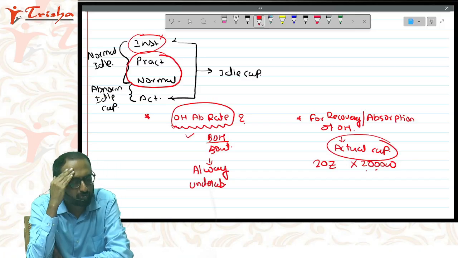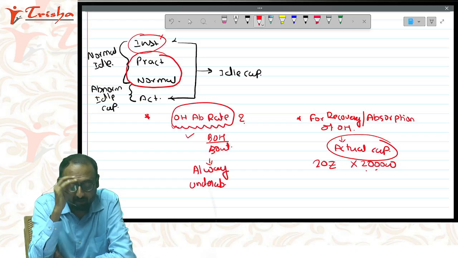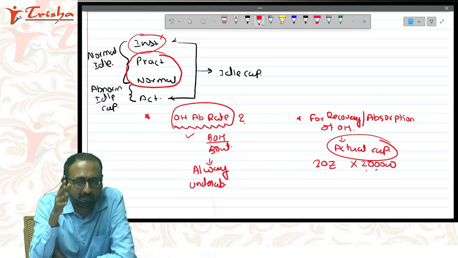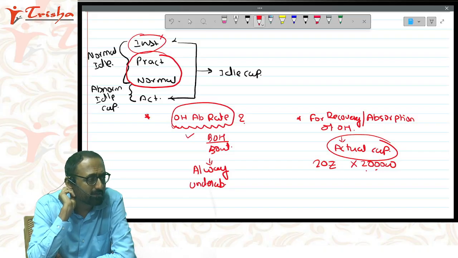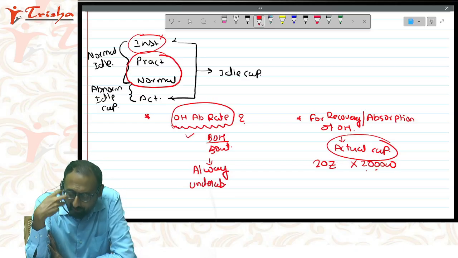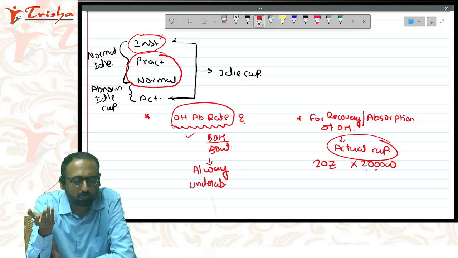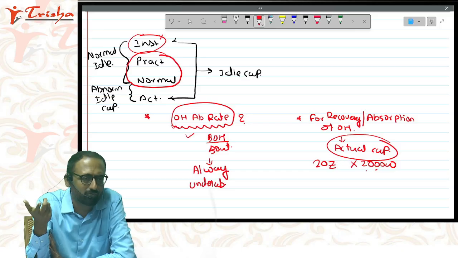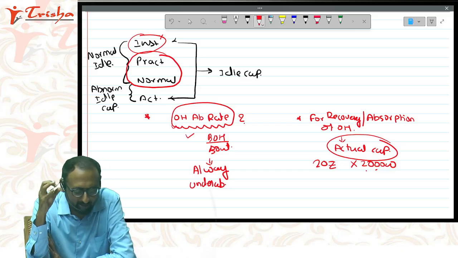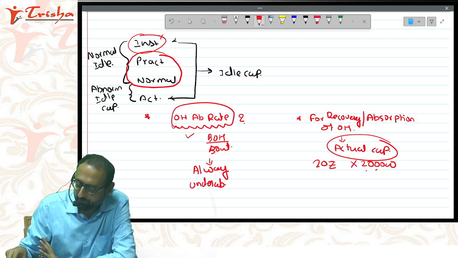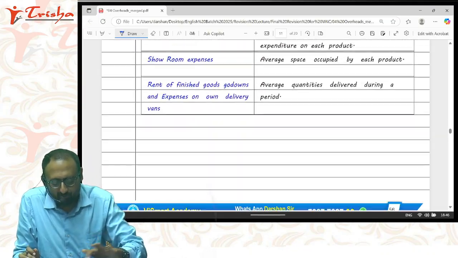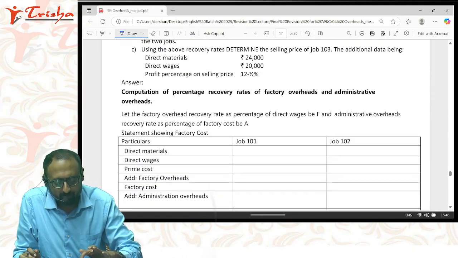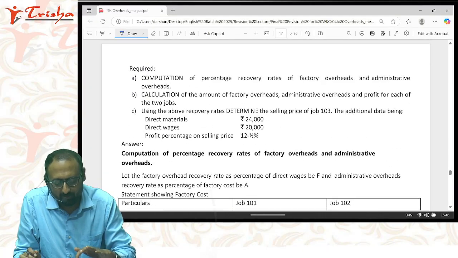Make these 2 points clear. For predetermined rate calculation, use normal or practical capacity; for actual absorption and recovery of the overhead from the customer, use actual capacity. Let's solve one question on this capacity concept, then we'll go to the next part.